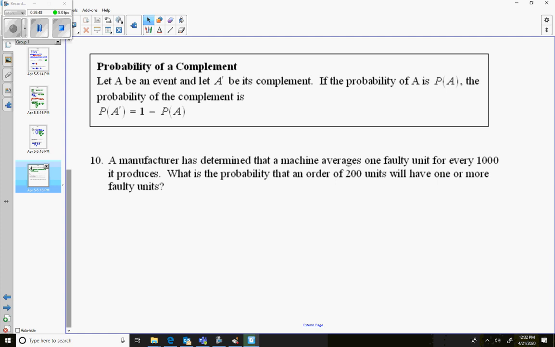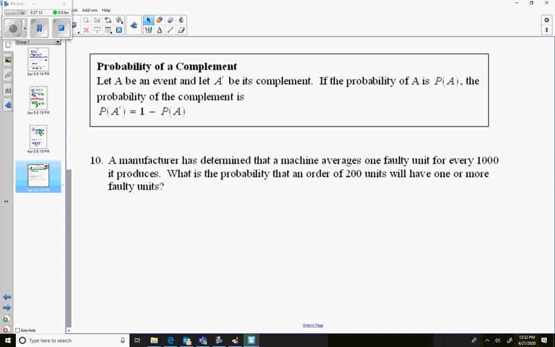Now, the hard part about this problem is not just that it's 1, but 1 or more. So in other words, what's the probability that it has 1 faulty unit? What's the probability that there are 2 faulty units? 3, 20, 100. Okay, that makes it really tricky, really difficult in itself.